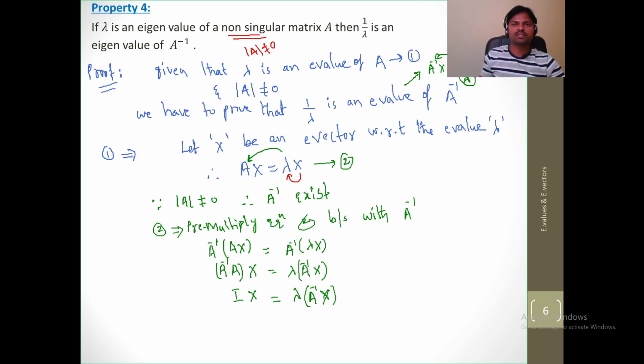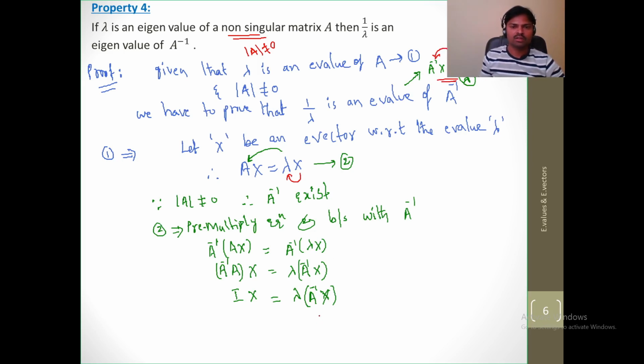Similarly, if we get this equation, it means 1 by lambda is an eigenvalue of A inverse. If we prove this equation, then we are done.